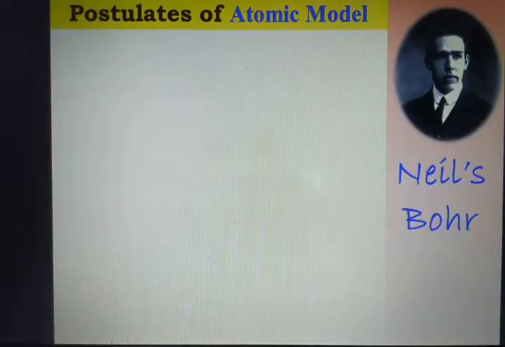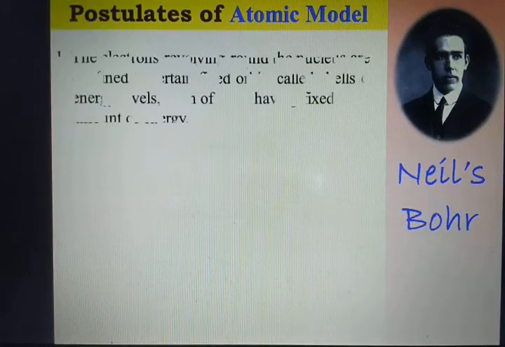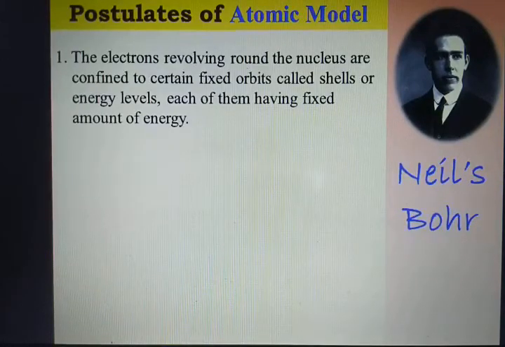And what were his modifications? The first thing he stated was that electrons revolving around the nucleus are confined to certain fixed orbits or shells or energy levels, each of them having a fixed amount of energy. If you remember, Rutherford said about orbits, and Niels Bohr is proposing about those orbits.